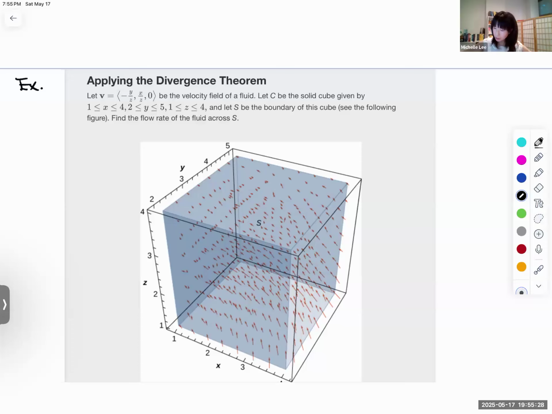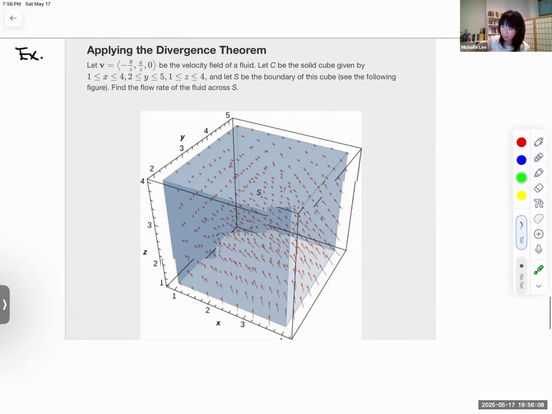Okay, so let's do this example. We have the vector field V, and we're using the first letter of velocity field, so V. Let E be the solid cube given by that, and S the boundary of this cube. We want to find the flow rate of fluid across S. Basically we are using the formula of the divergence theorem.